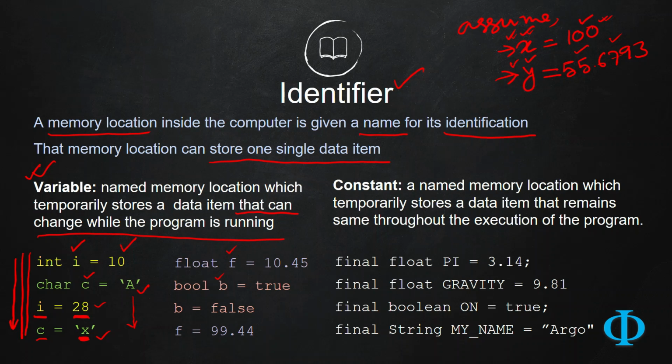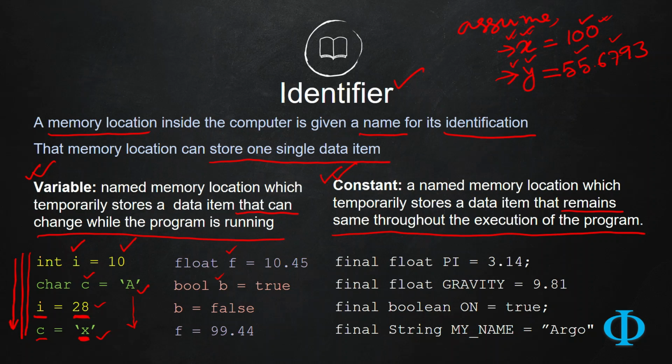Now the second type of identifier, which is called constant. Constant is basically an identifier where the data item remains same throughout the execution of the program. That means you are not allowed to change the value of the constant.